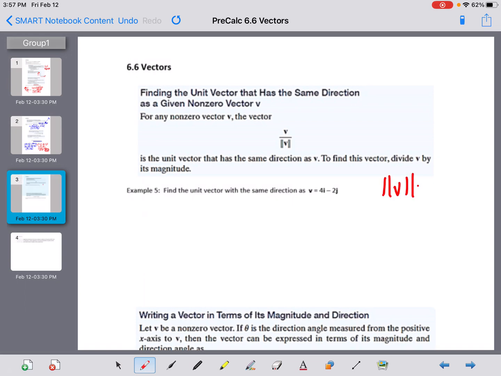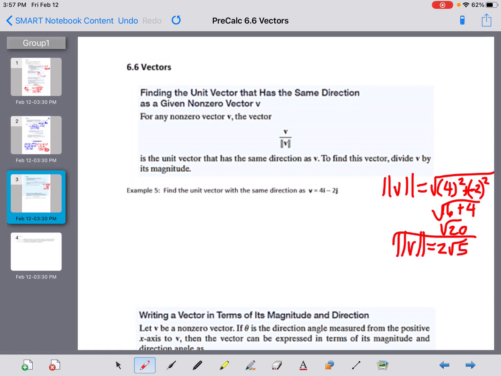So finding the magnitude, taking the square root of my horizontal component 4 squared plus the vertical component -2 squared. 4 squared is 16, -2 squared is 4 too. I get the square root of 20, which I can simplify to 2 square root of 5. So there's my magnitude.